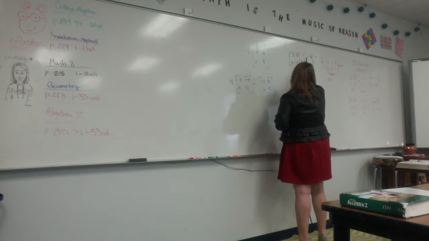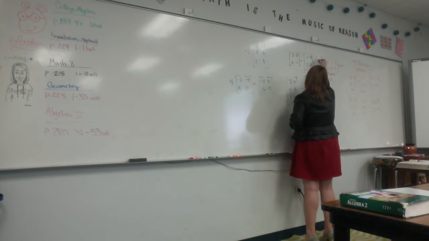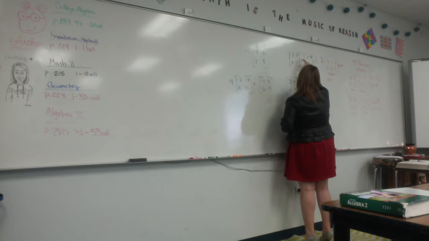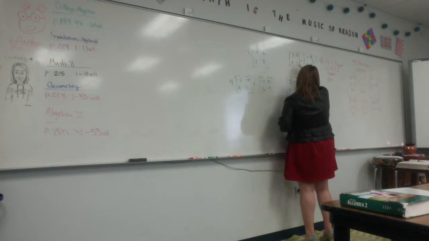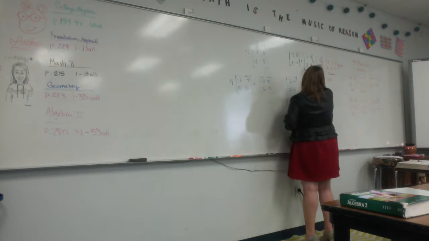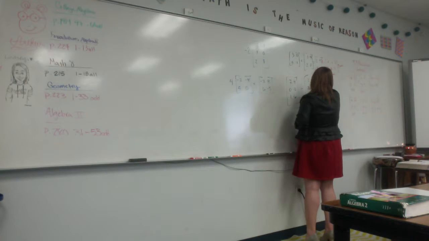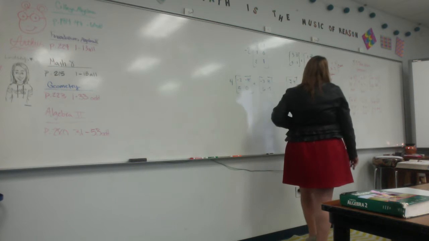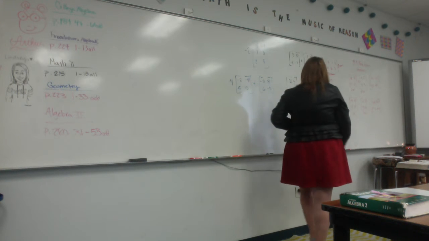No, I would do 3 plus negative 1, which is 3 minus 1, so 2. Then I would do 0 plus 4, negative 5 plus 2, and negative 1 plus 0. Negative 1. That's your answer. You're going to get a 2 by 2 as your answer.